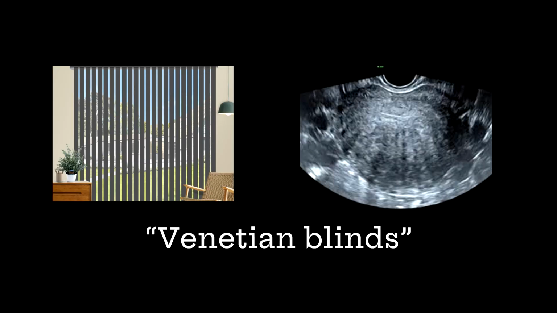For reference, you see the picture of the Venetian blinds on the left, and then the ultrasound picture. If you look in the posterior aspect, this is a transverse view of the uterus, and on the posterior aspect, you can see the dark light going throughout. That would be your Venetian blind sign, and that's just what we mean when we say that.